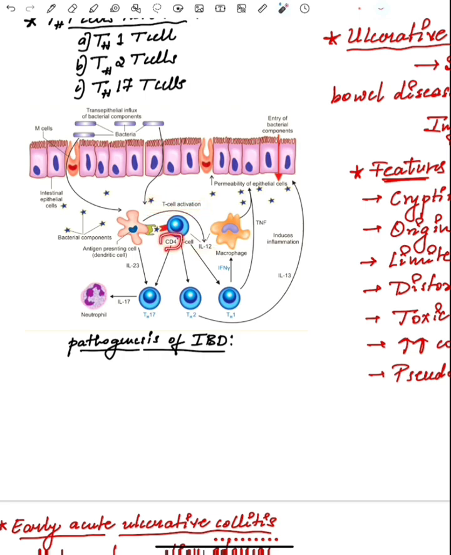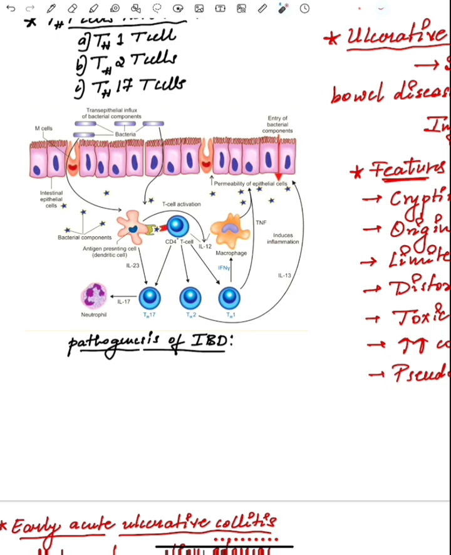This CD4 T cell leads to production of TH17, TH2, and TH1. This TH1, by producing the factor IFN gamma acting on macrophages, leads to an increase in the permeability of the epithelial cells, which increases the entry of bacterial components into intestinal epithelial cells.